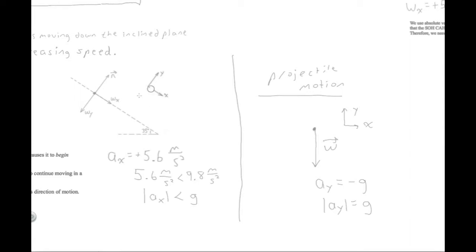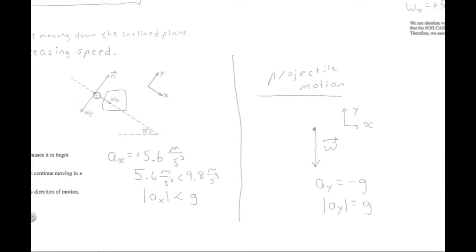But notice that in our problem, the acceleration is coming only from the x component of the weight. Since only the x component of the weight is causing acceleration here, the magnitude of the acceleration came out to be less than what the acceleration would be if it was caused by the full force of the weight.